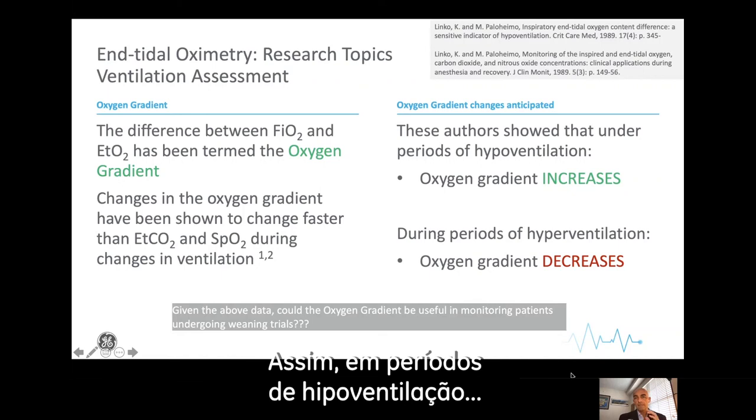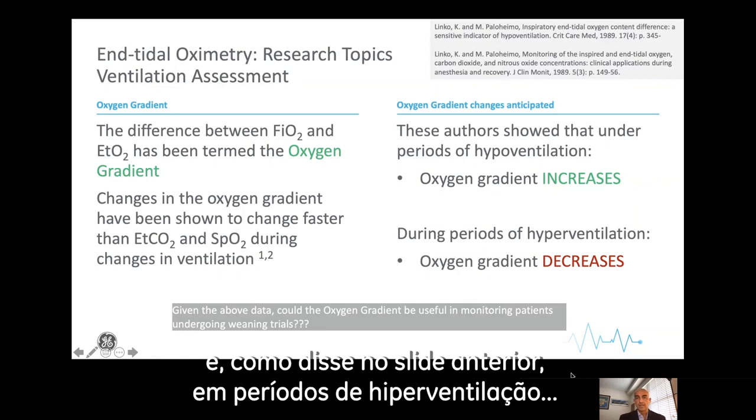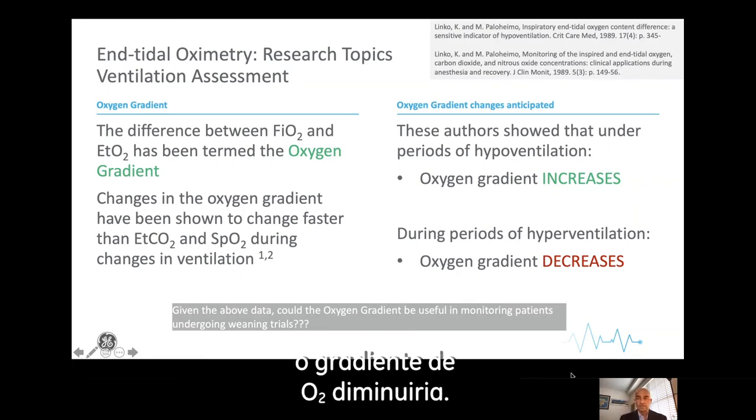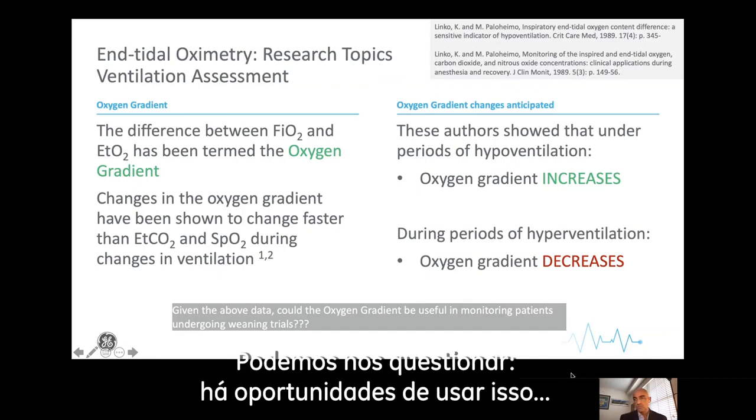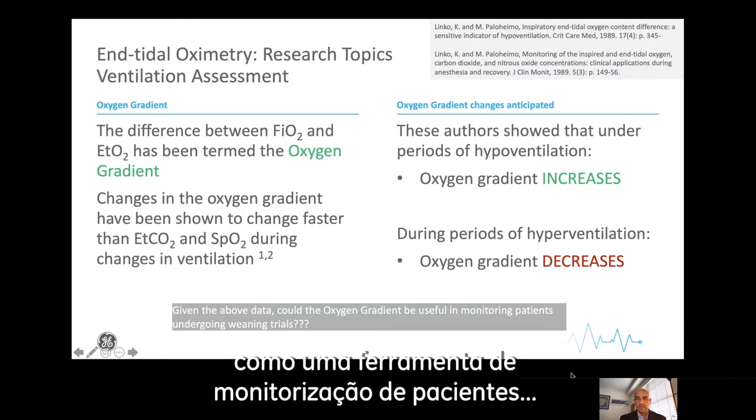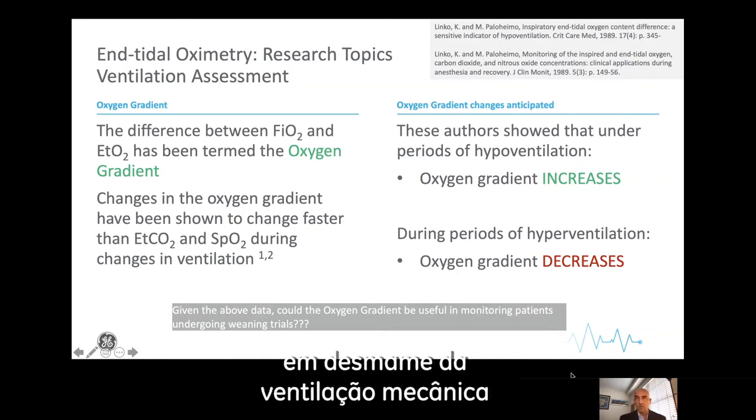So therefore, under periods of hypoventilation, the oxygen gradient would increase. And then the flip side, as I said on the previous slide, during periods of hyperventilation, the oxygen gradient would decrease. So clearly, one could surmise, is there opportunity to use this as a monitoring tool of patients possibly undergoing weaning? Could it be used for impending respiratory compromise?